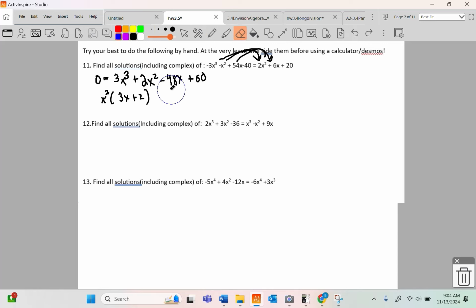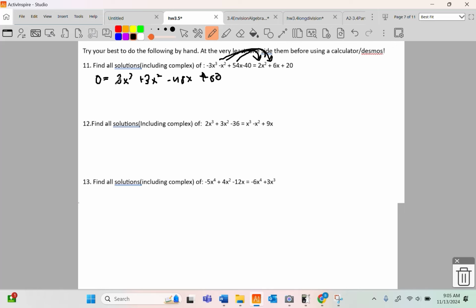I'm an idiot. I do have a 3x cubed. I also have a 3x squared, don't I? And then 6 minus 54 is still negative 48. That kind of stinks. And then I have the plus 60.